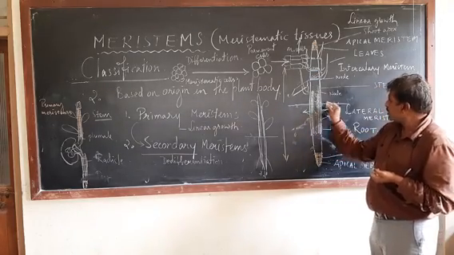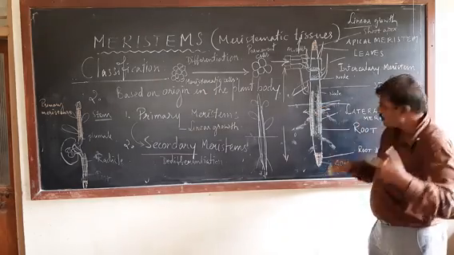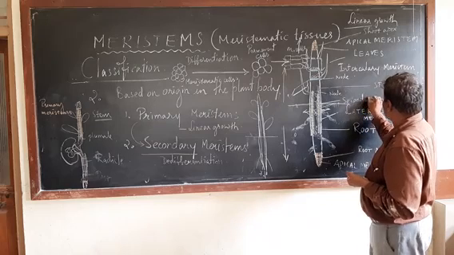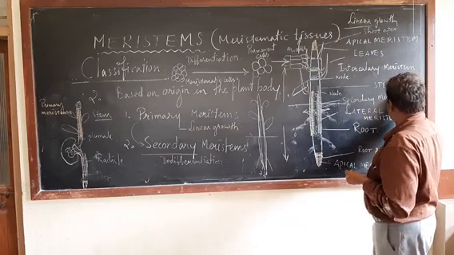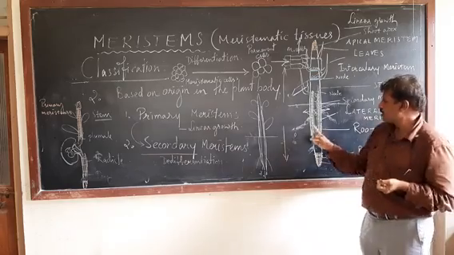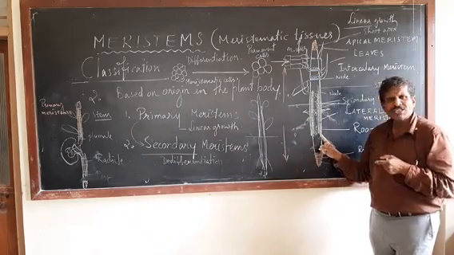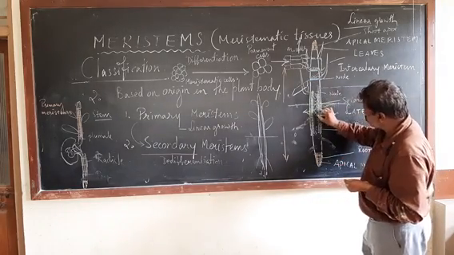Once these meristematic cells are produced, they form a tissue. We refer to this tissue as secondary meristem. Since it is not present earlier, in the place of the secondary meristem, earlier there are permanent cells, permanent tissues present.